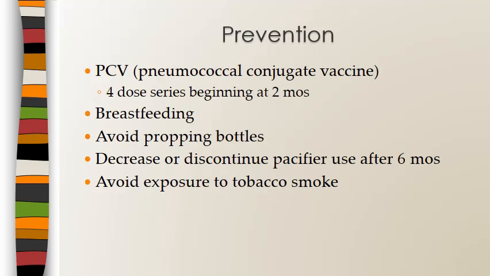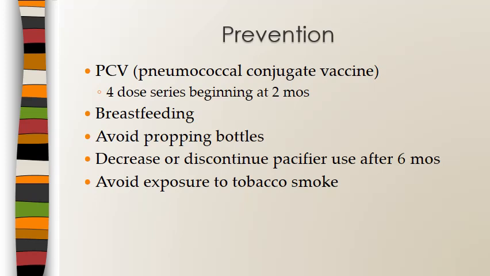So prevention is the key. We have seen a decrease in otitis media since we have started providing the pneumococcal conjugate vaccine. This is a 4-dose series that begins at the age of 2. Breastfeeding should also be encouraged in general, but we see a decreased incidence of otitis media in children who have received breast milk.